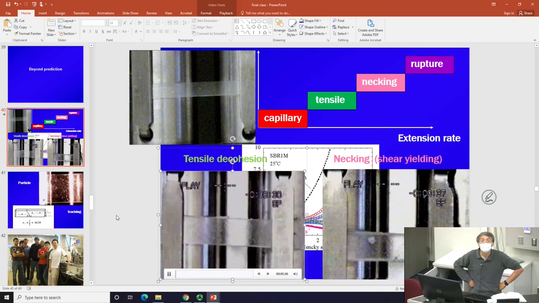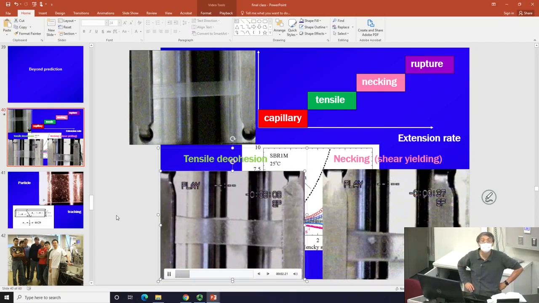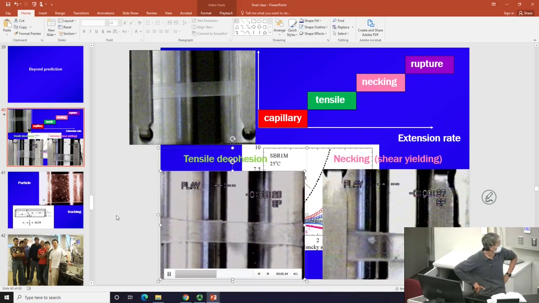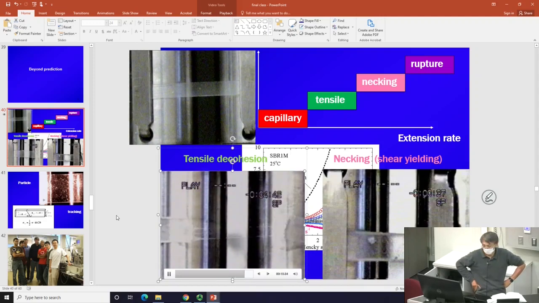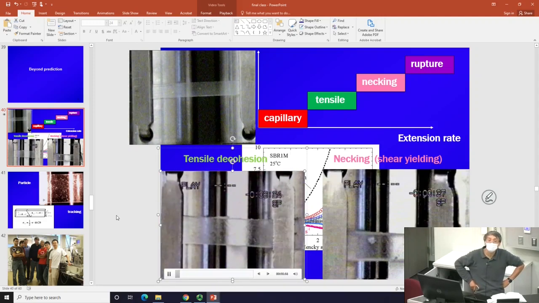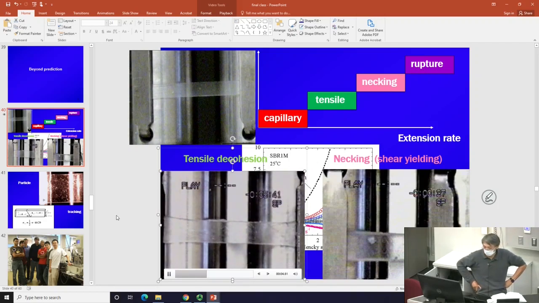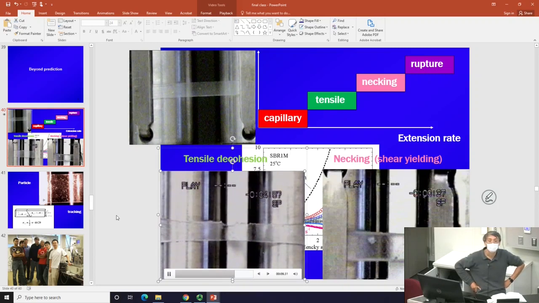This is what my colleague, Professor Malkin, said, okay? This is very sharp, the breaking. Not rupture-like, but it's very sharp. Yeah? It's pretty sharp, failed.